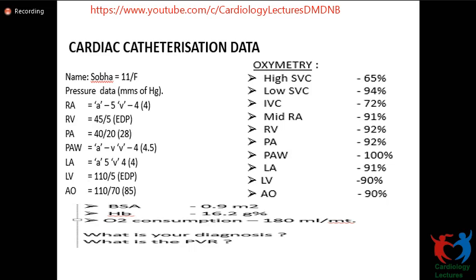It will be just like ASD. You will get a step up at the RA level, but the oxygen saturation in the LA will be significantly higher than that of the RA. Here, all the chambers, RA, LA, LV, aorta, RV, everything is equal. And also the pulmonary artery oxygen saturation is more than that of the aorta. All put together, I think you have to go for total anomalous pulmonary venous drainage.